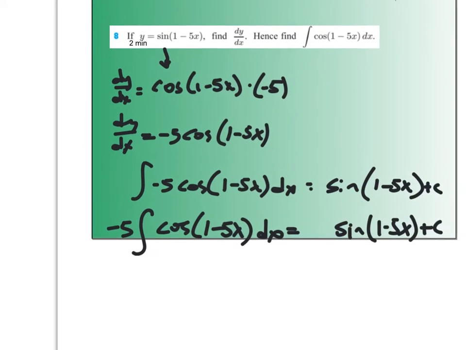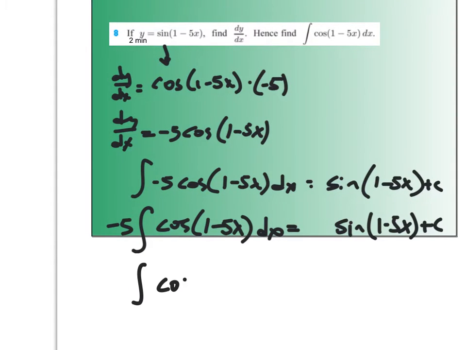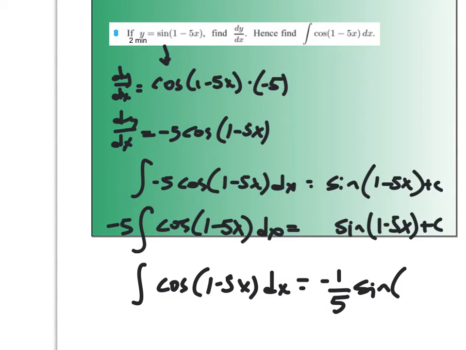And therefore, the integral of cosine of 1 minus 5x dx is equal to negative 1/5 sine of 1 minus 5x plus c.